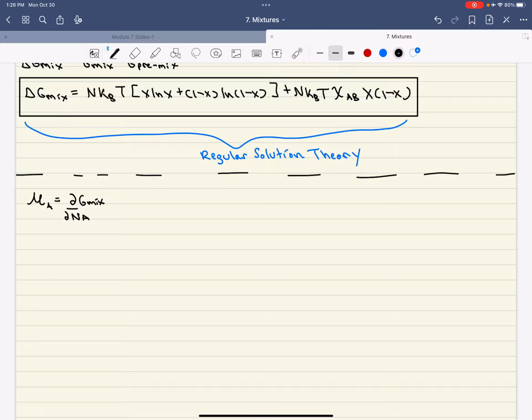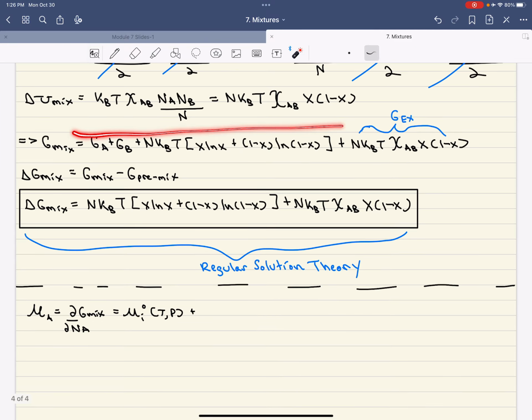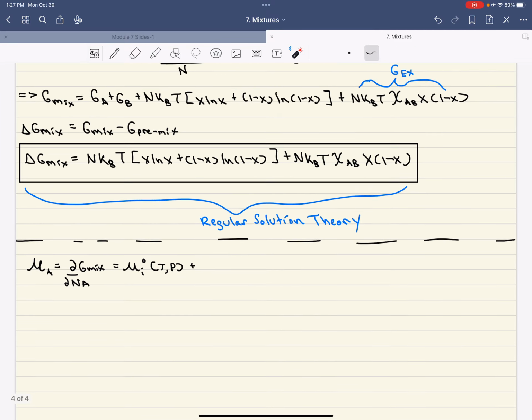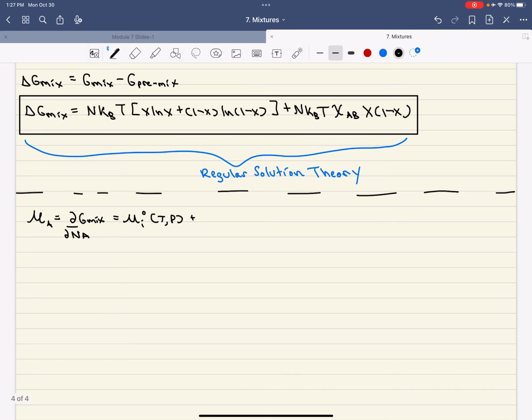Okay. Now, as we've seen before, we could describe that chemical potential like this. And if we take the partial derivative of our Gibbs energy model, we'll get the following. X, and I'll write out A here just to indicate what we're looking at.